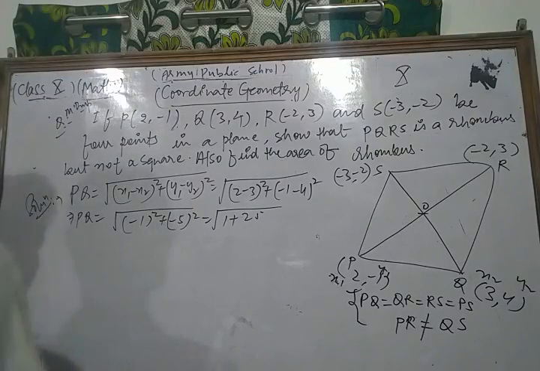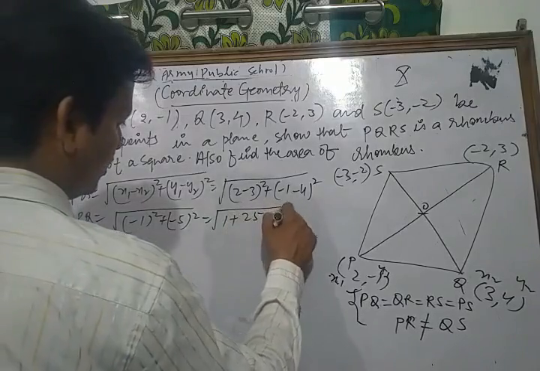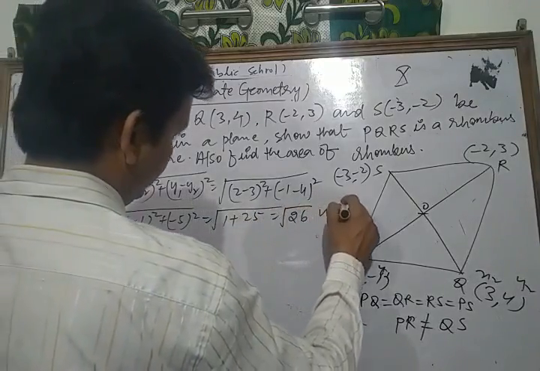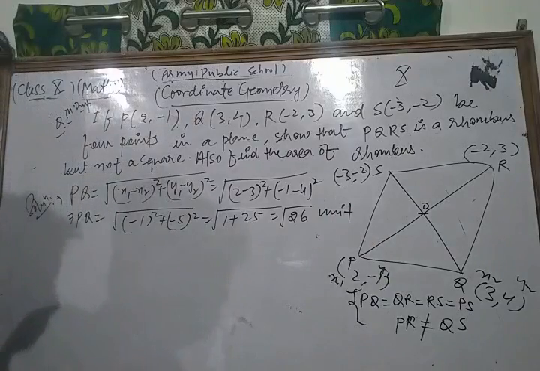So we get under root 26 units. This is the length of PQ.